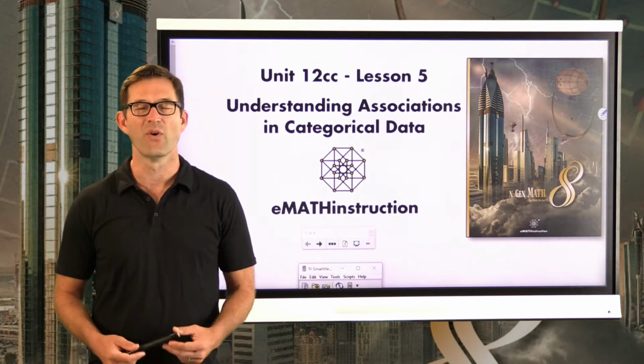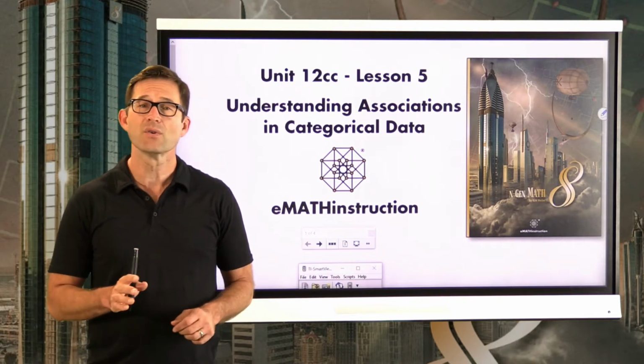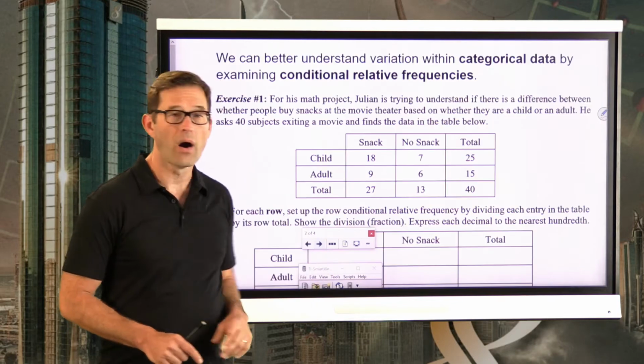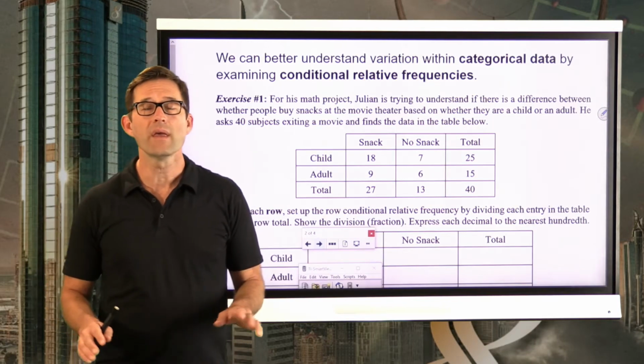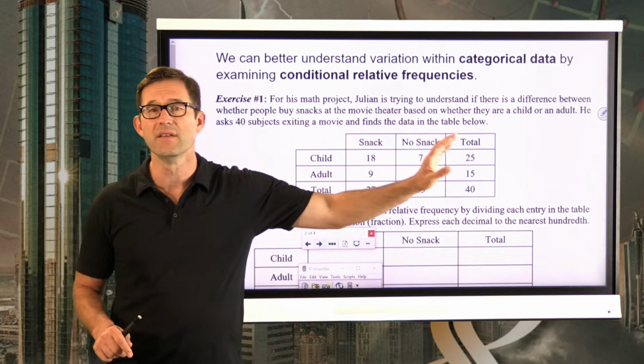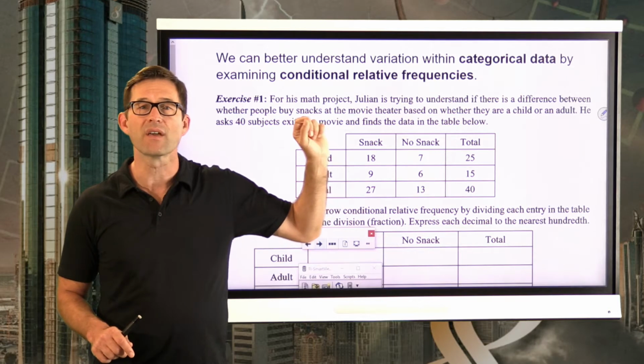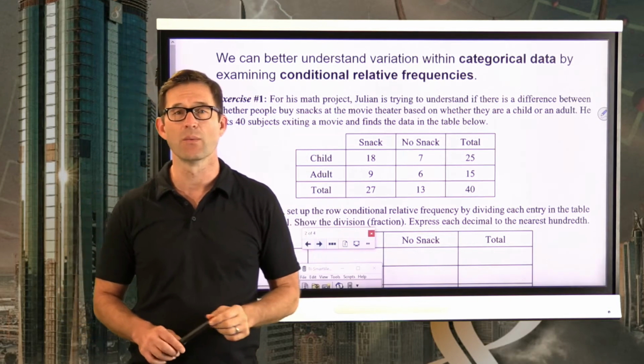Now in the last lesson we actually looked at categorical data, so let's do a little bit of a review. We can better understand categorical data, data that has been divvied out into categories, by examining the conditional relative frequencies that we saw in the last lesson.